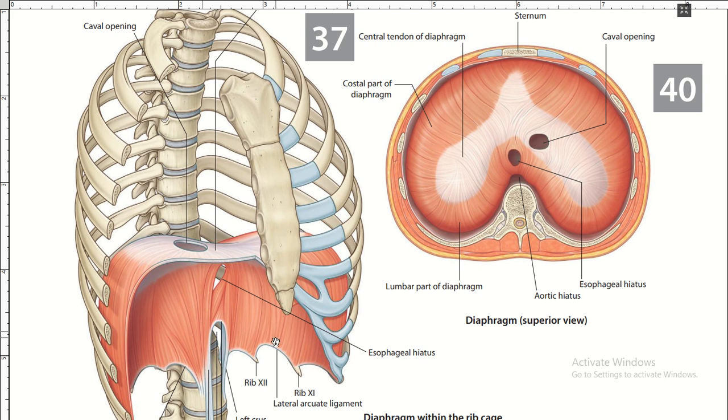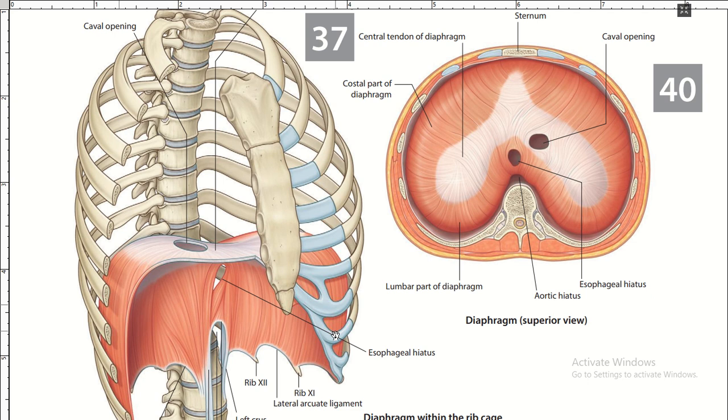Also, lymph vessels within the abdomen will be constricted by these organs within a limited space, and it is going to propel the lymph, especially in the thoracic duct, towards the thorax. I hope it is understood. All right, so that's the action of the diaphragm.